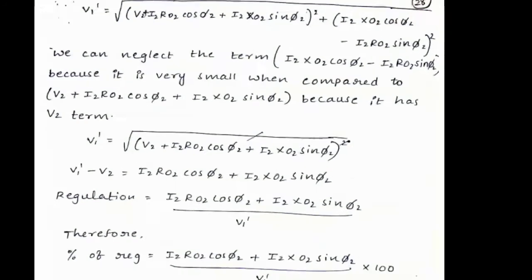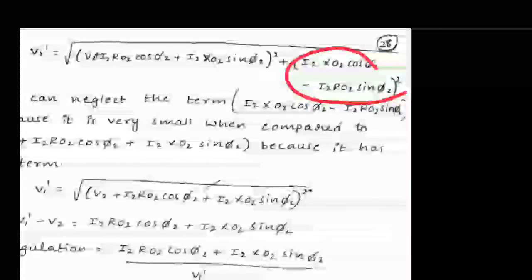If you compare the real and imaginary parts, the imaginary term is very small. If you observe closely, the imaginary term has some (a minus b) whole square, and the real part has some (c plus d) whole square. So the (a minus b) whole square term is definitely less than the (c plus d) term.